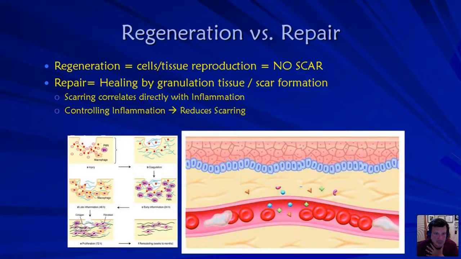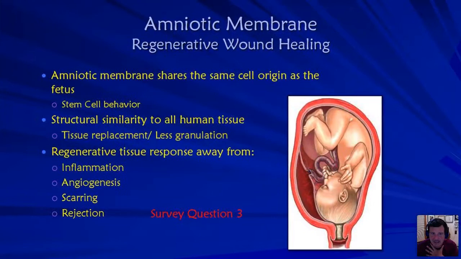Regeneration is replacing the cell tissue and no scar, where repair is a scar formation or granulated tissue. So we're trying to get that exact placement. And we do know that the amniotic membrane has this regenerative wound healing process.